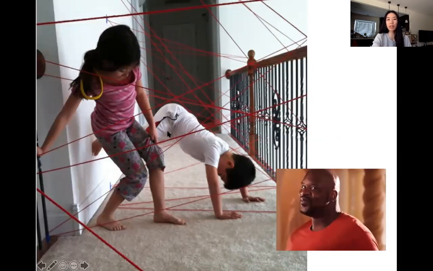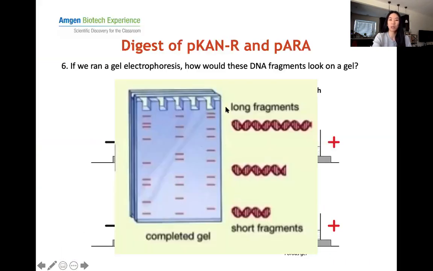If you have to get through all these tiny little gaps without touching any of the string, obviously a little kid's going to get through quicker than a bigger person like Shaq. So if you look at this diagram, the well's on top, this big piece of DNA is kind of like Shaq, and the little piece is like the little kid. So the little kids can move through the gel quicker than a bigger piece.